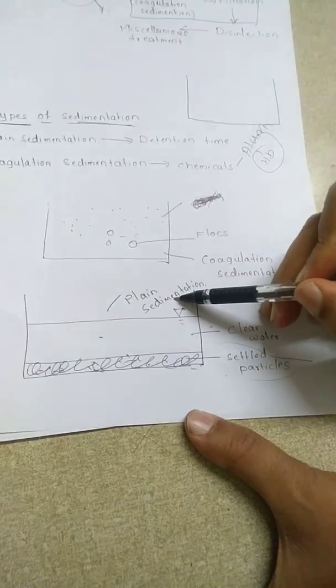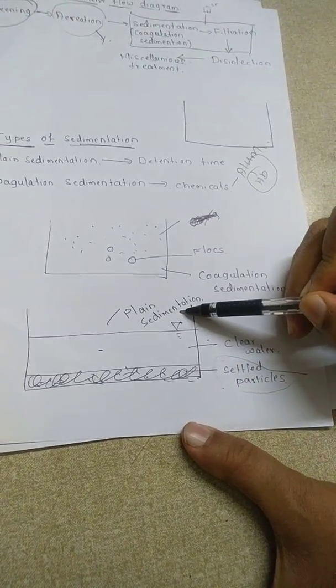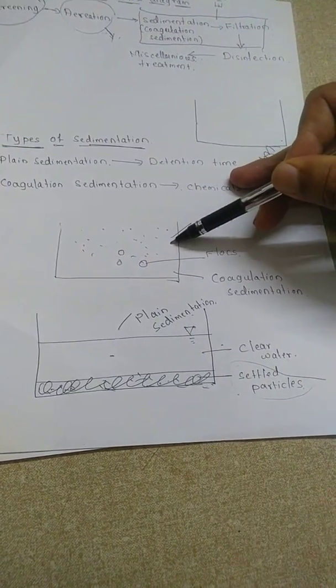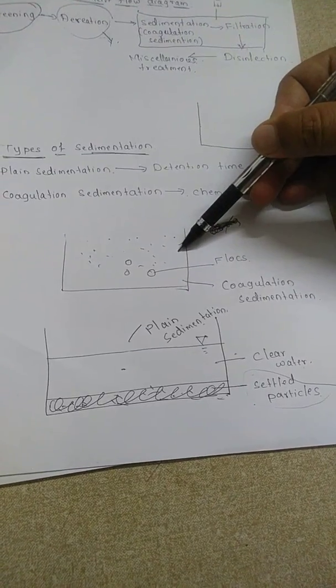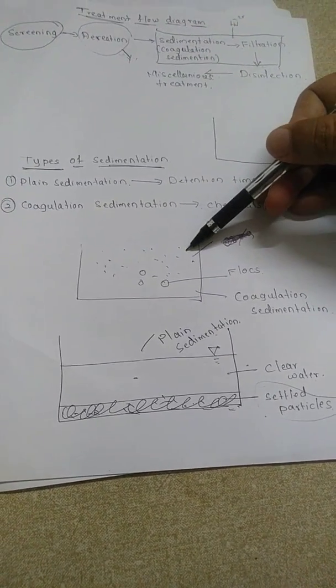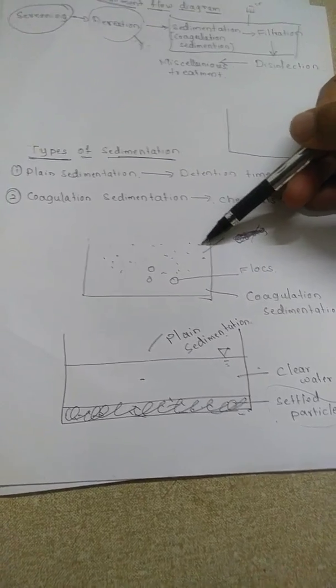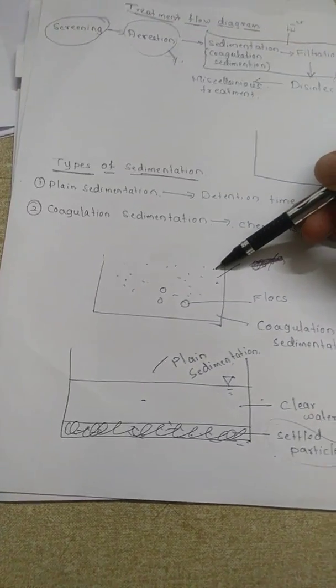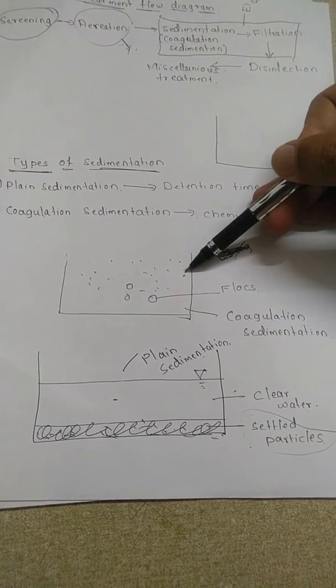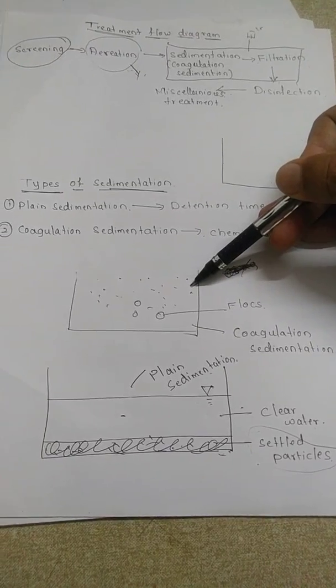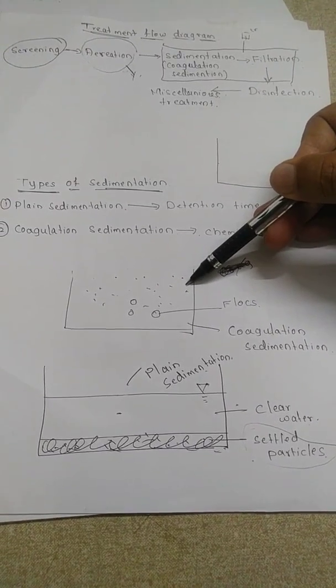This is plain sedimentation without adding any kind of chemicals. Now the important aspect regarding coagulation sedimentation is the particles which are not going to get settled down by their own weight, or which remain in suspension. These particles cannot be removed by plain sedimentation. So for such particles, we are going to use coagulation sedimentation.